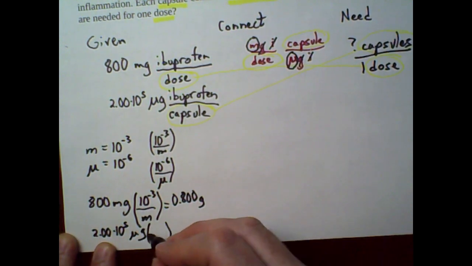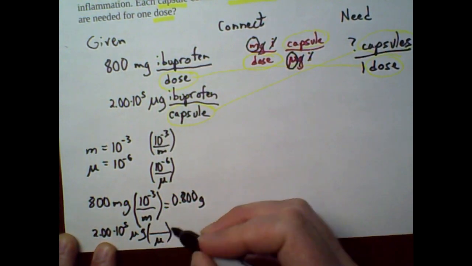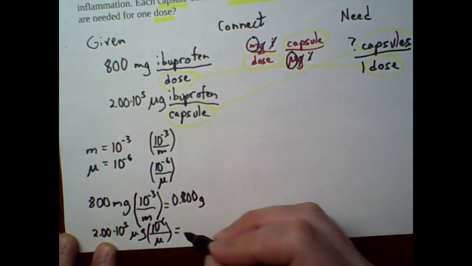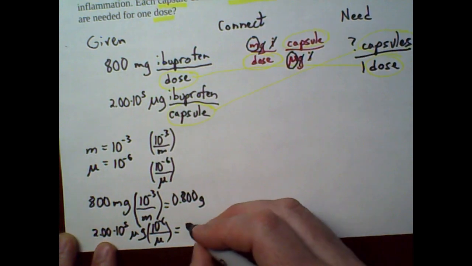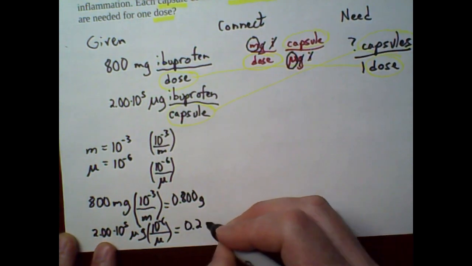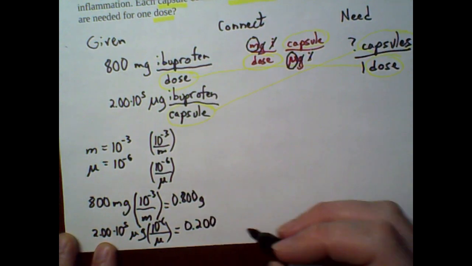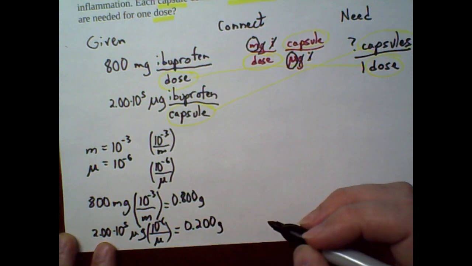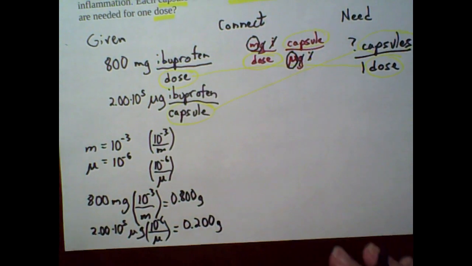To get rid of micro, I put it on the bottom, and 10 to the minus 6 on the top, and I get 0.200 grams for that number. Okay.